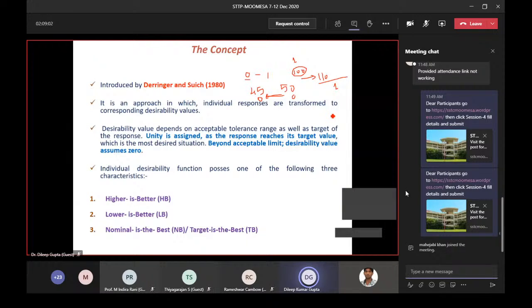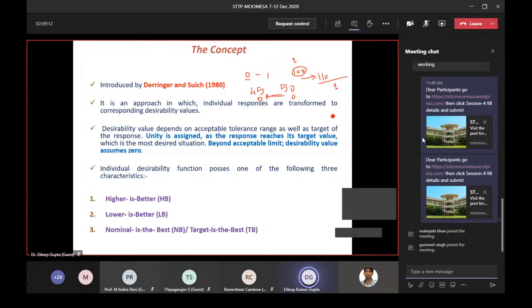Desirability value depends on the acceptable tolerance range as well as the target of the response. Fix your target value. Okay, I need it between 50 and 100. After the target range of 50 to 100, whatever value comes on either side, either the minimum side or the maximum side, the minimum side is 0 and the maximum side is 1, whatever the value be, right?